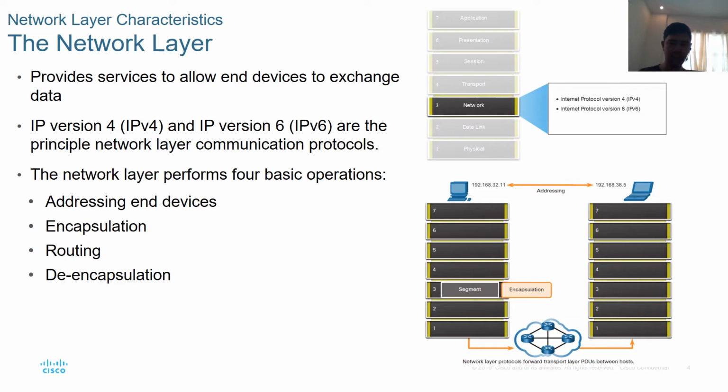So again, the network layer is in between the data link and the transport. A very important component in the network layer is our IP address. We've looked into IP address in the previous chapter. IP addresses are being set in our end devices. The one that sets this is the administrator.